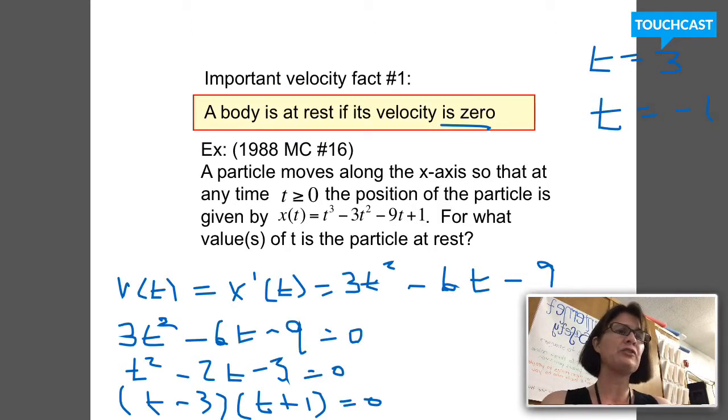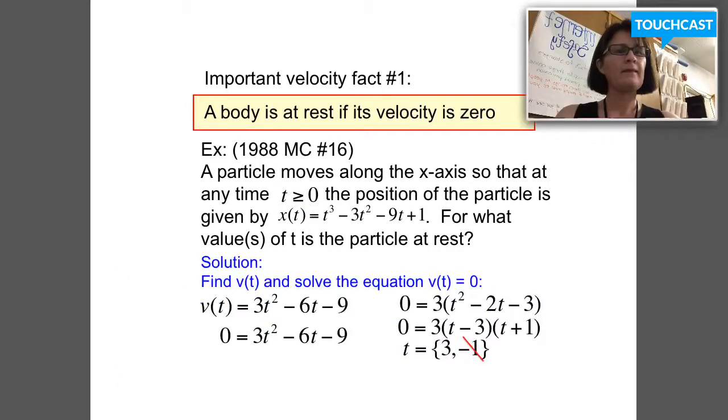My only thing left to do is to notice that the function I started with, the position function, is only defined when time is 0 or greater. So I'm going to take this answer that I got, t equals -1, and cross it out. So my final answer here, the particle is at rest at time t equals 3.